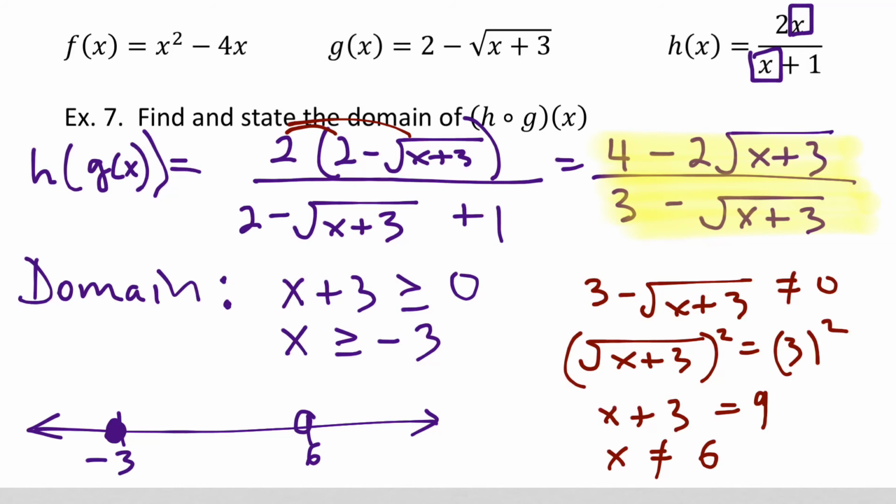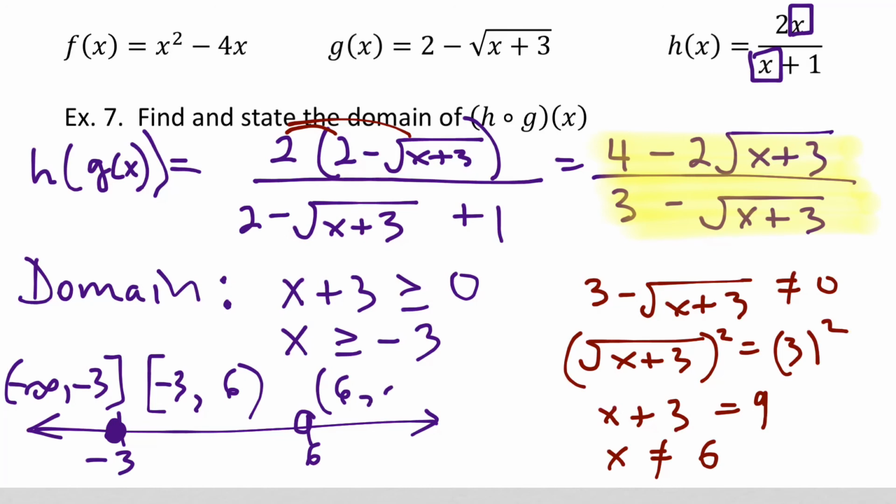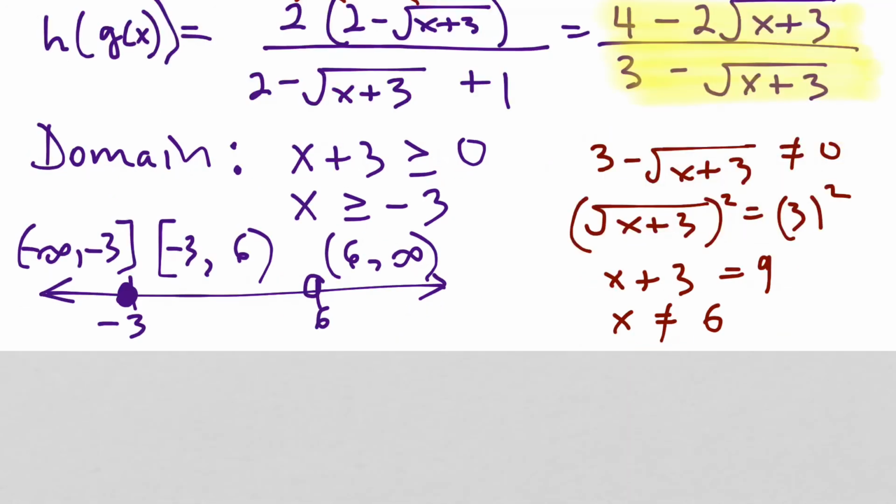So let's look at the intervals. That's negative infinity to negative 3 square bracket. And then this one is negative 3 to 6 round bracket. And this one is 6 to infinity round bracket. All right. So I can see that in this spot right here, there really is no reason to write this as two pieces because negative 3 is part of that piece.